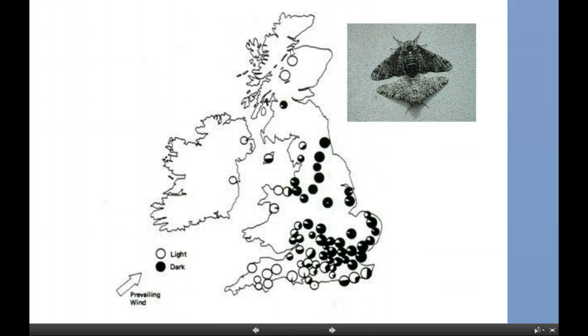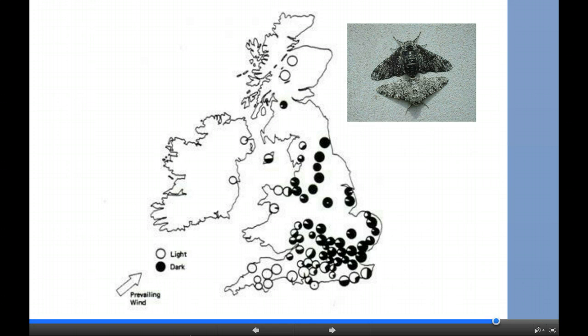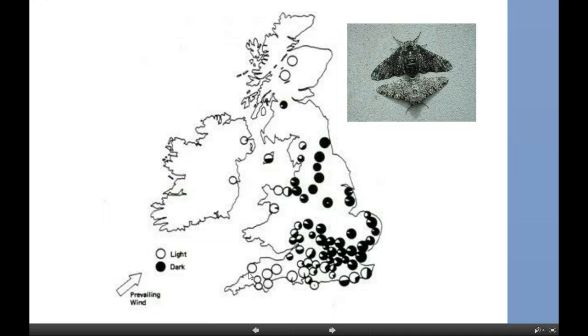And so what you see is there are trends that are happening in the moth populations as we move from west to east. On the west coast, we see higher concentrations of light-colored moths, and as we move east, we see the light variant decreasing in percentage, whereas the dark-colored moths are increasing.